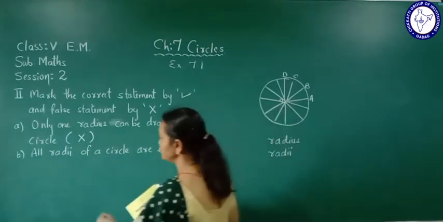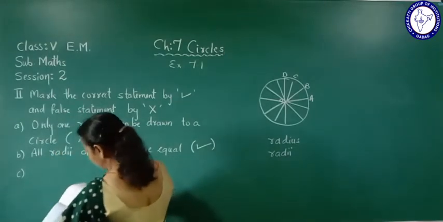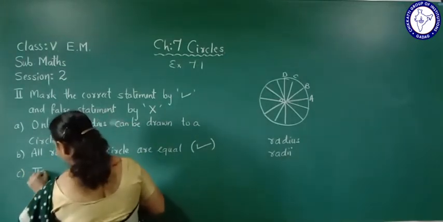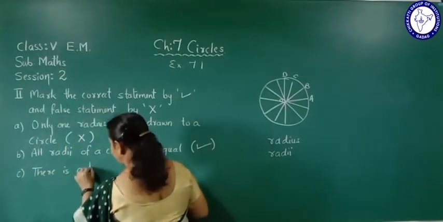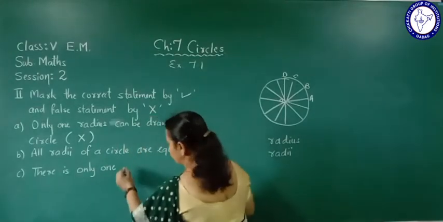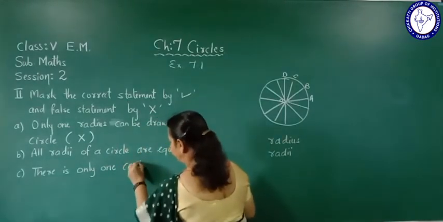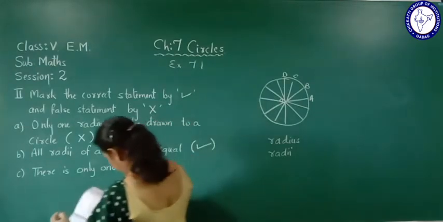Okay, then the C question is, C1, there is only one center for a circle.